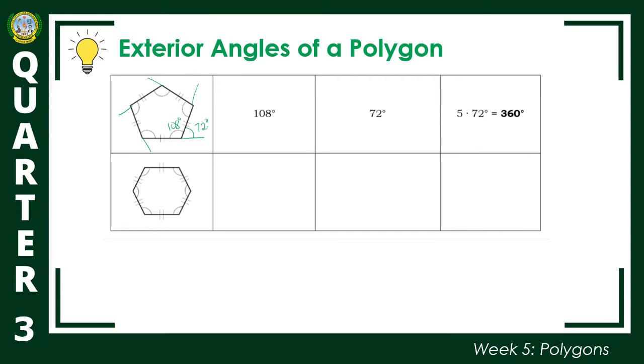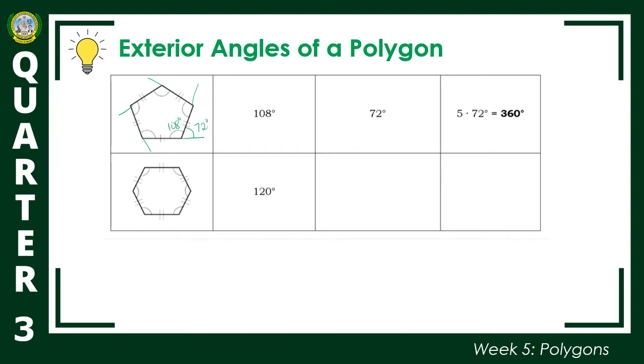Okay? So now, dito naman sa ating regular hexagon, ang sum po niya is 180 times 4, diba? So that is equal to 720. Diba po? So, dividing 720 by 6, we will get 120 degrees. Okay?